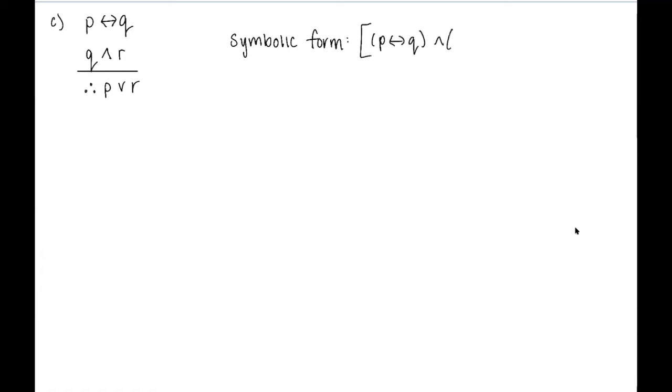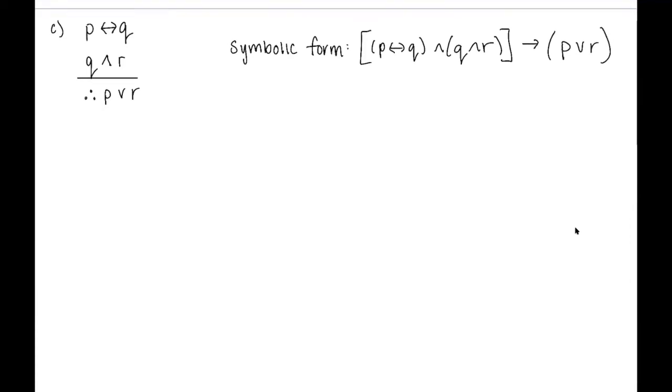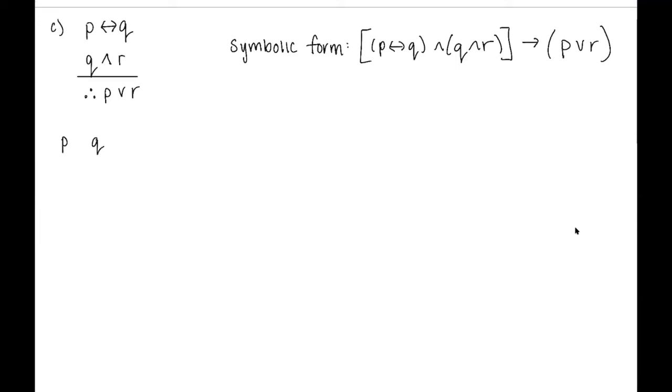So for C, our first premise is a biconditional, which is P if and only if Q. Then we've got Q and R. And the conclusion that's going to happen then is P or R. So in symbolic form, this is going to be premise 1 and premise 2, then the conclusion.